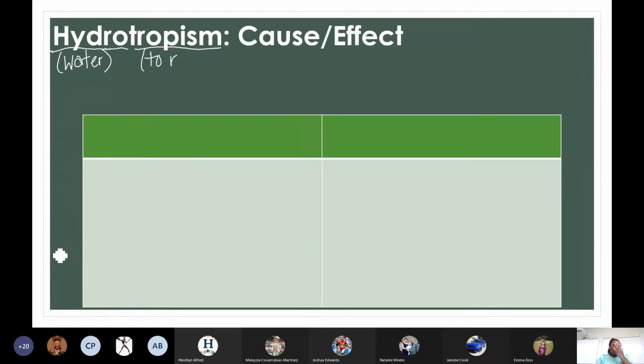Please take some time to not only write down hydrotropism, but we also want to write down this question: what is hydrotropism?